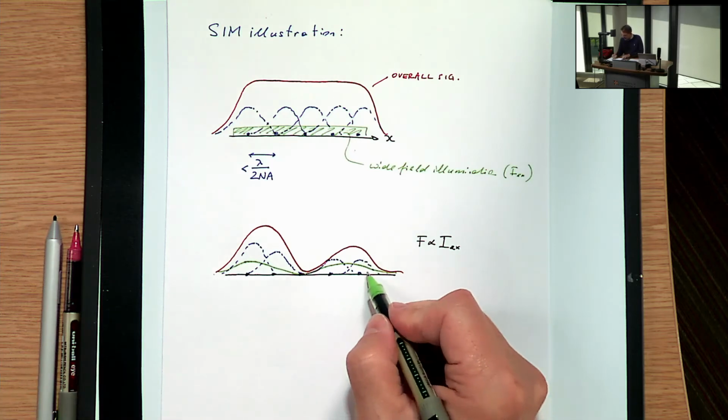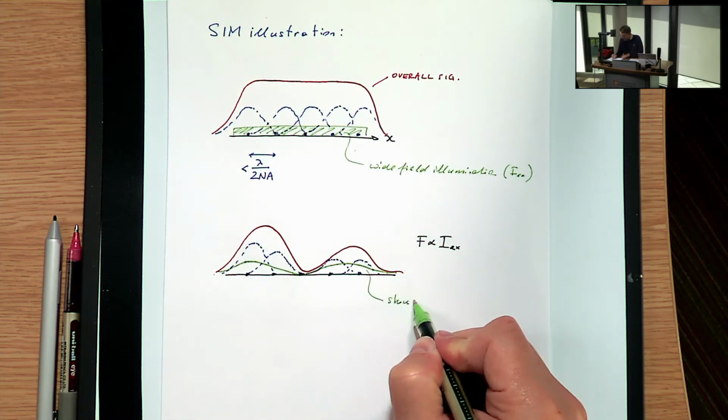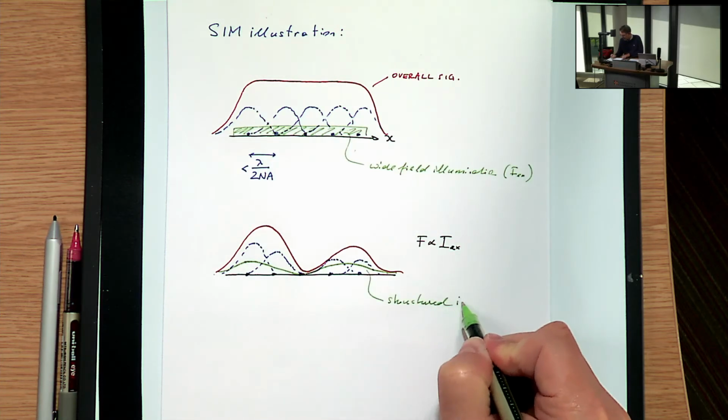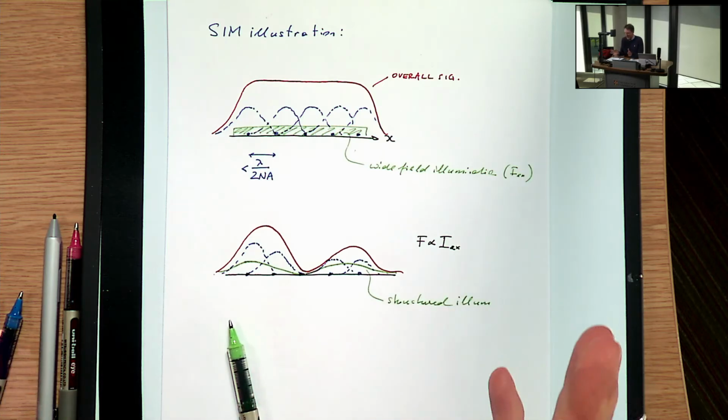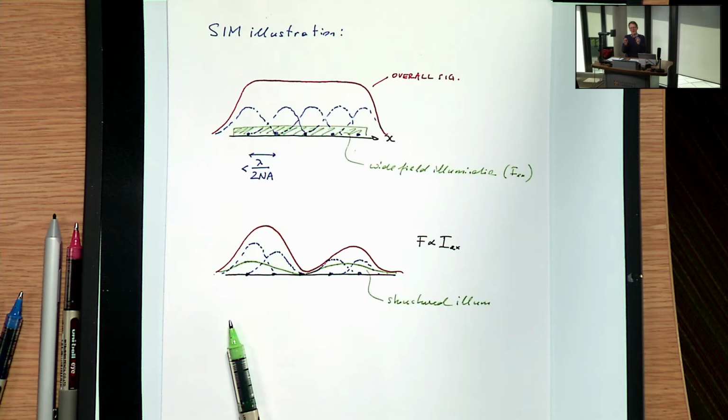So this here is the structured illumination. And you make the period of the illumination as close to the maximum spatial frequency that you can transmit through the microscope.